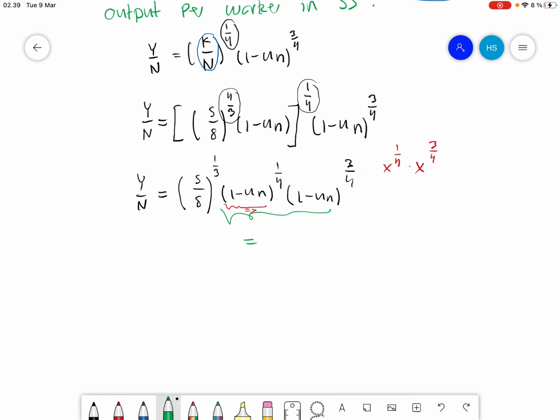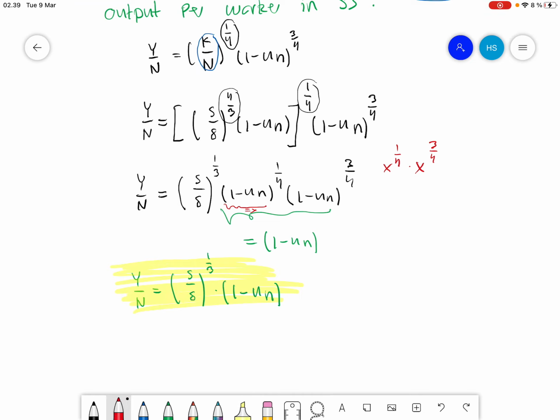That means that this here must be equal to 1 minus the natural rate of unemployment. So output per worker is equal to the saving rate over delta to the power of 1/3 times 1 minus the natural rate of unemployment. Okay?